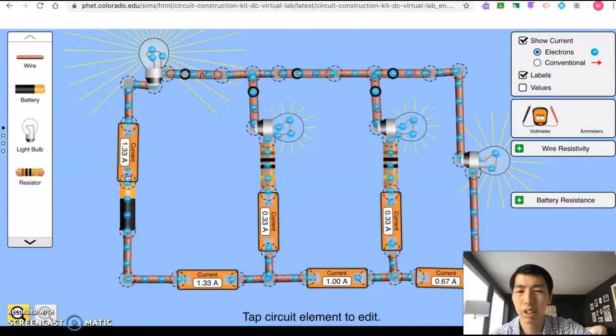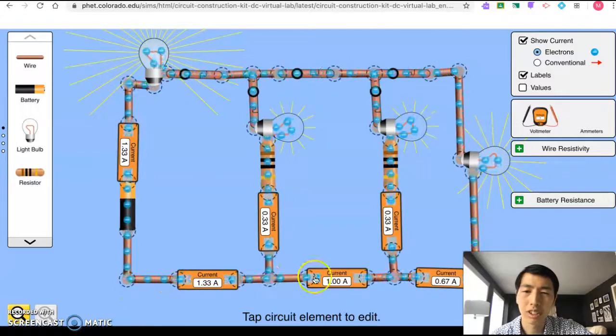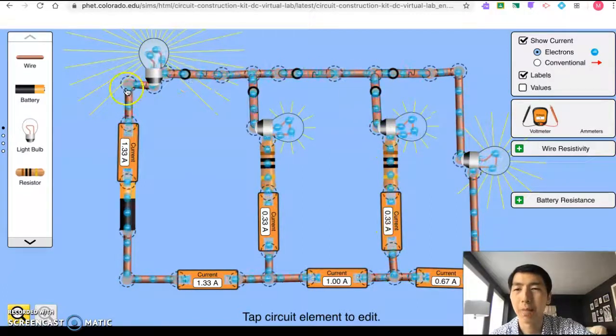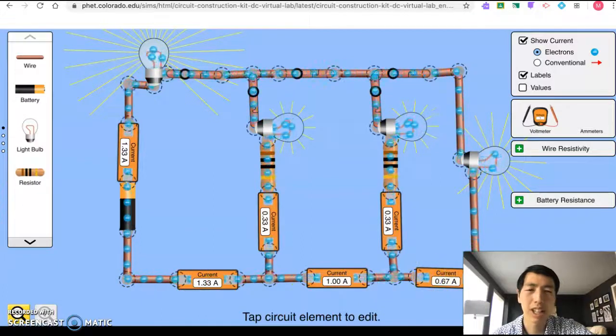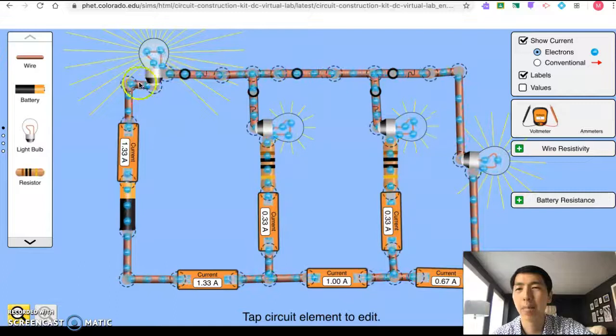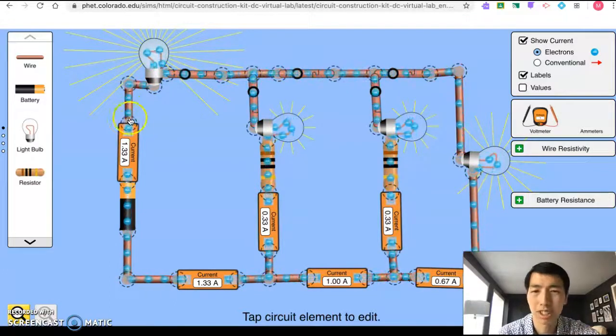A second possible loop starts at the battery, goes across to the second vertical section, goes up, and then back to the battery. And the third loop would be basically the perimeter. So starting at the battery, going down around all the way to the last string here, up and back to the battery. So there's 3 possible loops in this circuit.